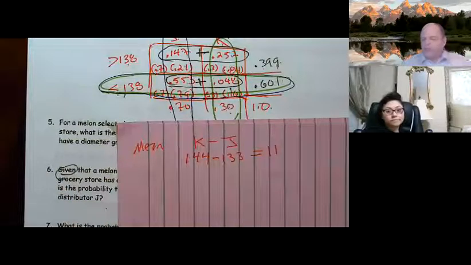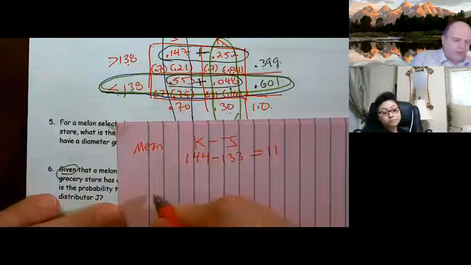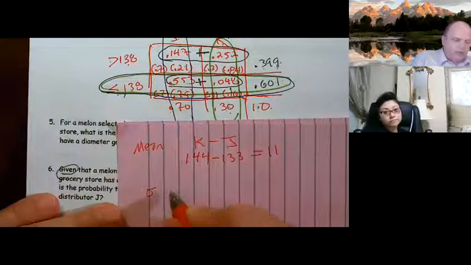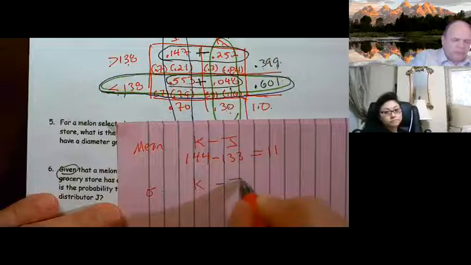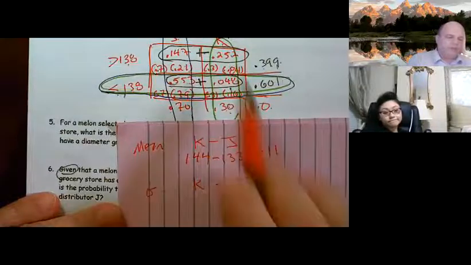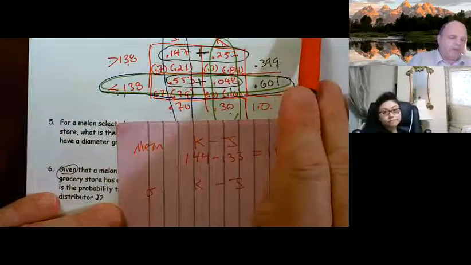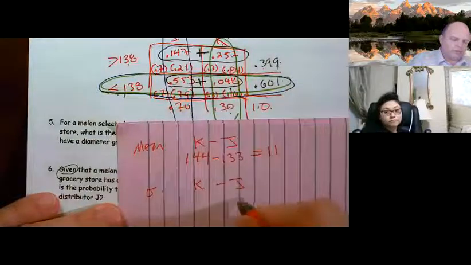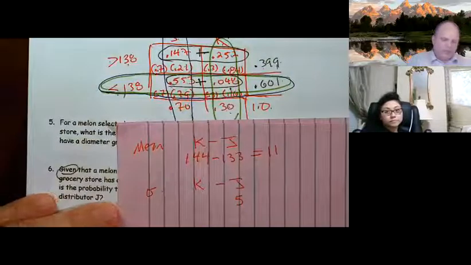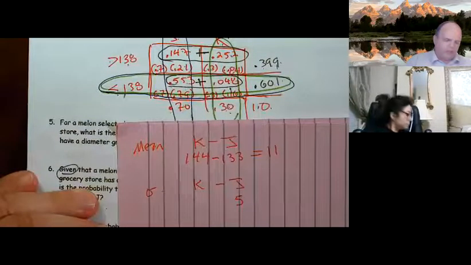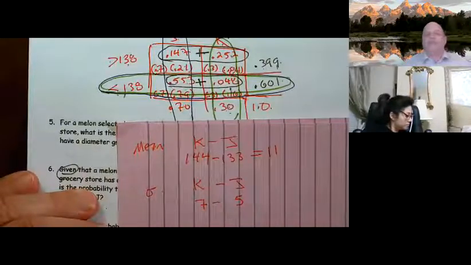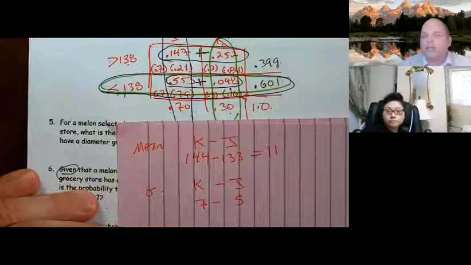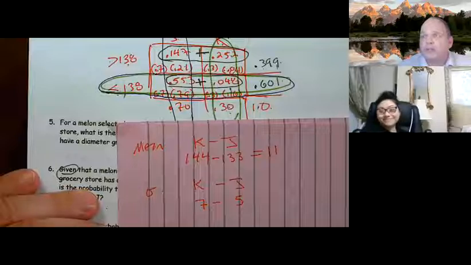The next thing, it says, what's the standard deviation of the difference, K minus J? So we have the standard deviation of K minus J. Well, J has a standard deviation of 5, and K has a standard deviation of 7. And right there, you should be saying, Mr. Spencer, you cannot subtract standard deviations.